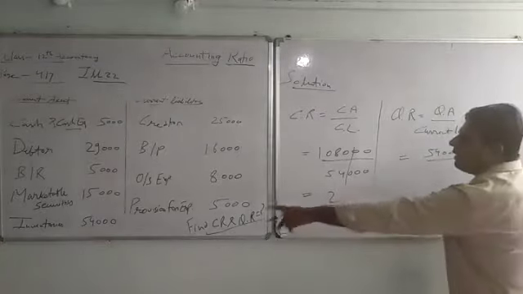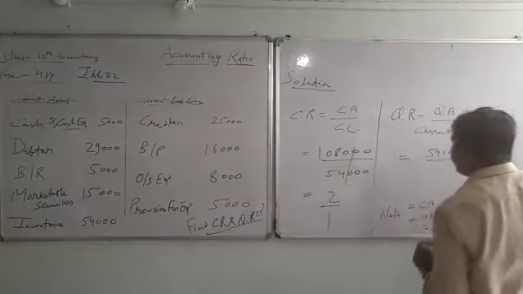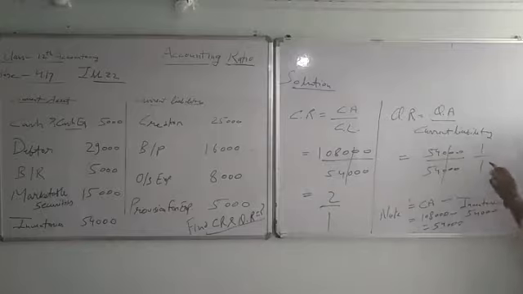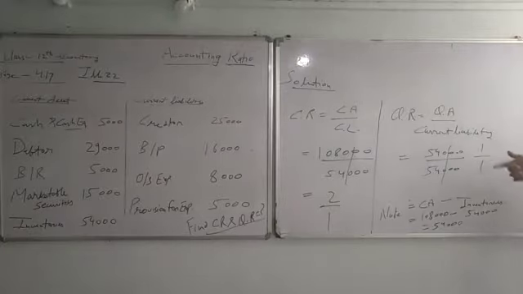How much is current liability again? Total of all them, 54,000. It will be 1:1. That means quick asset is equal to current liability. That is the ideal quick ratio. Okay, so it is the quick ratio 1:1. Got it, everyone? Solve in your fair copy and revise it again.